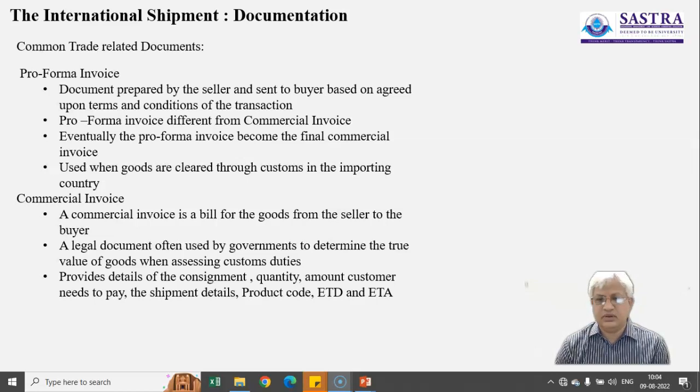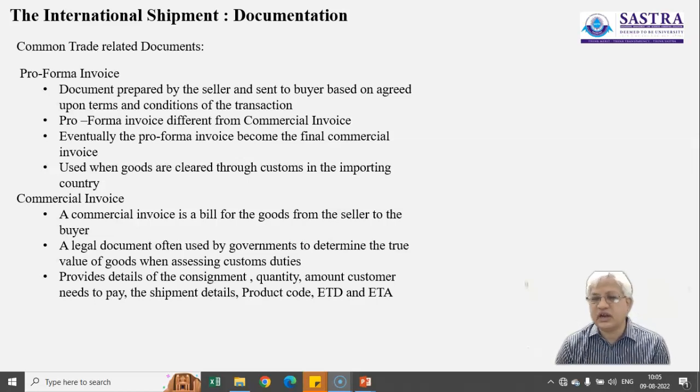It is what, even before the production commences, the buyer and the supplier meet together, maybe on a telephone or an email or a fax machine, or a face-to-face meeting where the supplier flies to the country where the buyer is, or the buyer comes to the country where the supplier is. They sit across the table and they discuss.